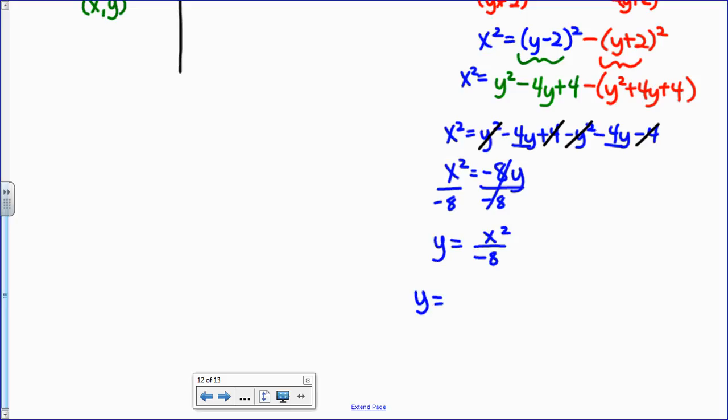So instead of dividing by negative 8, we're actually multiplying by negative 1/8. And this gives me my equation. So quadratic equation, because you have a squared term. I told you it opened down, so that makes sense that our a value is negative. Makes sense that it would open down.